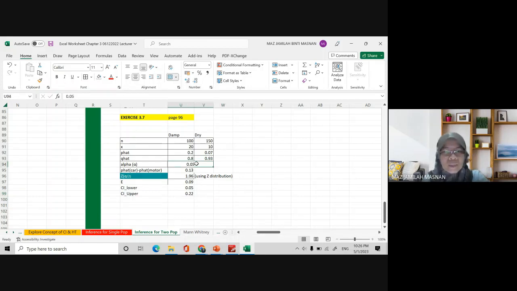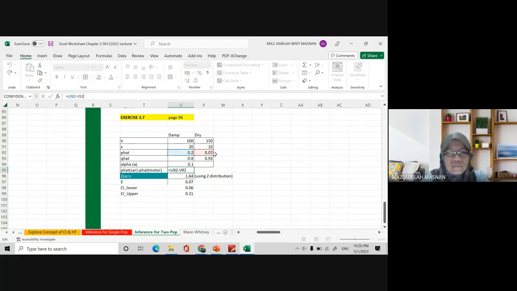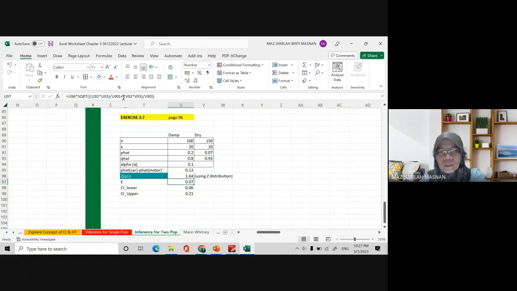So 90% is 0.10. Okay, 0.10. Let us check. So damp minus dry. Okay, the Z using 0.1 is 1.64. So the margin of error is 0.07. So the answer is 0.06 until 0.21. Directly you get the answer correct.